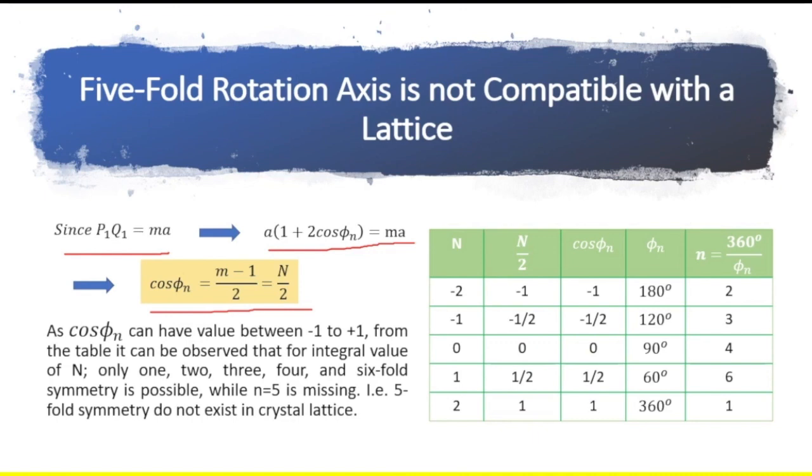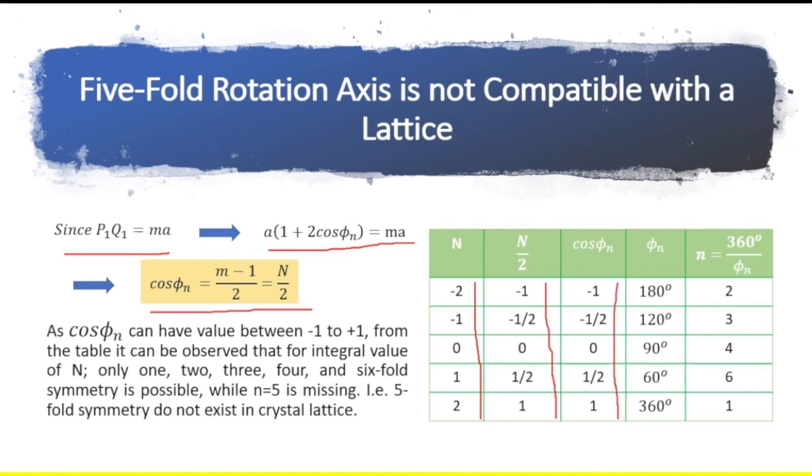Now as n is an integer and cos phi can have a value between minus 1 and plus 1, if we use n from minus 2 to plus 2, then n by 2 will be from minus 1 to plus 1. Because cos phi is equal to n by 2, cos phi will have the same value.